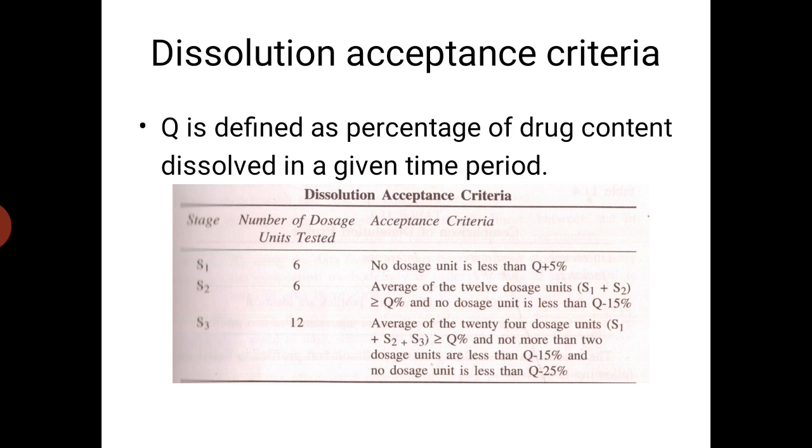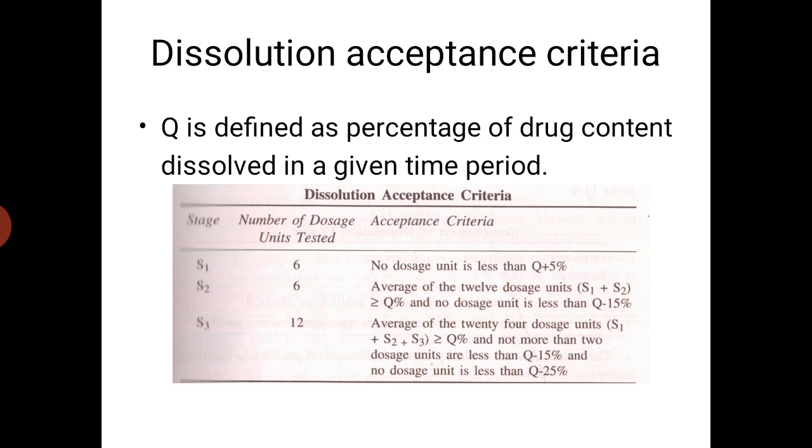Out of these 24 tablets, 22 tablets must be greater than 65. Maximum 2 tablets can go less than 65, and not more than 2 dosage units are less than Q minus 25. So out of 24, 22 tablets must be greater than 65. Average must be greater than 80.